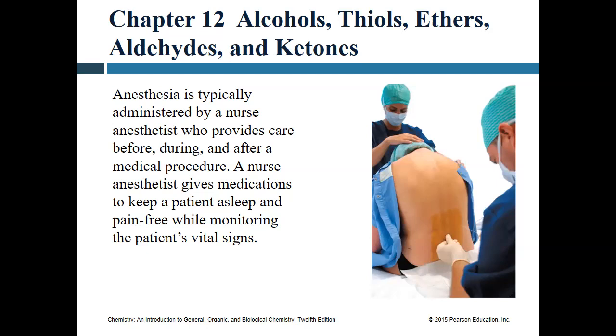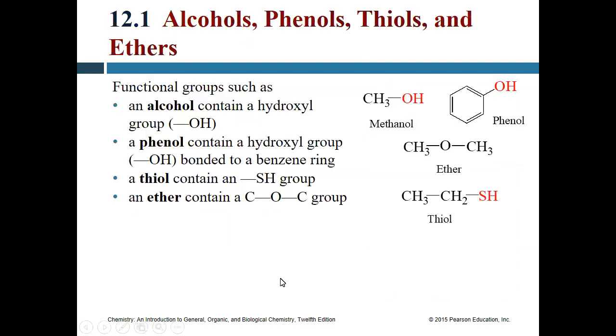So we're going to look at kind of a cluster of functional groups here. And of these functional groups, we're going to spend a good bit of time talking primarily about alcohols.